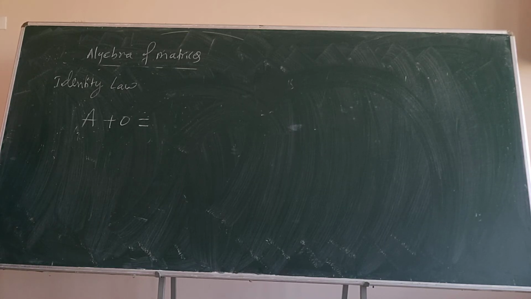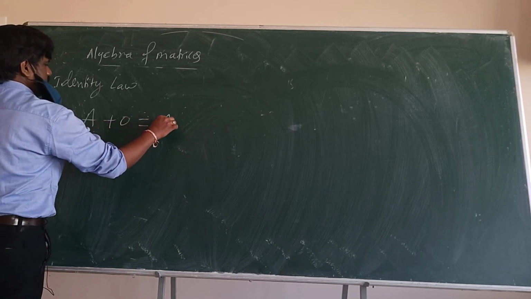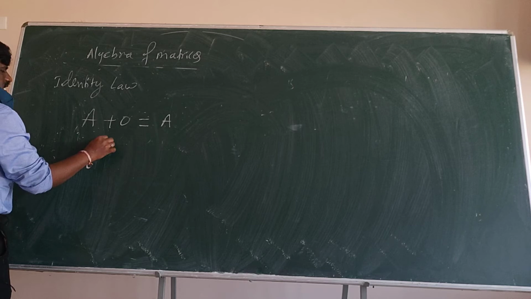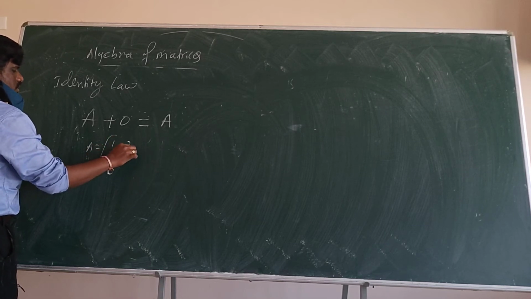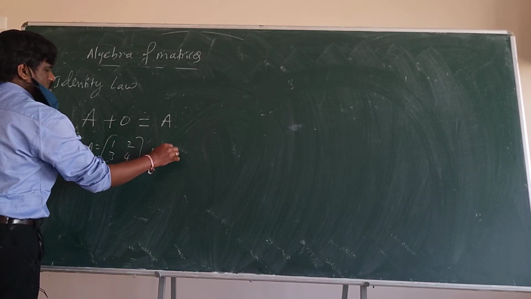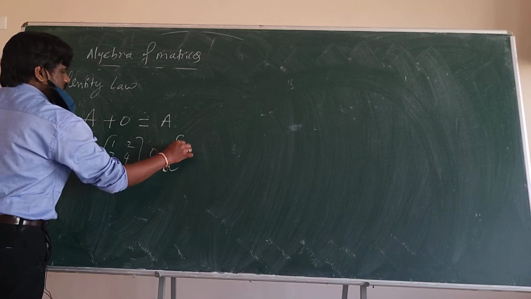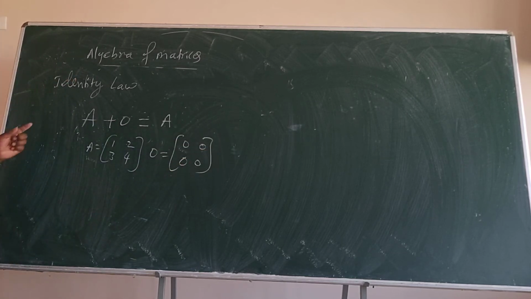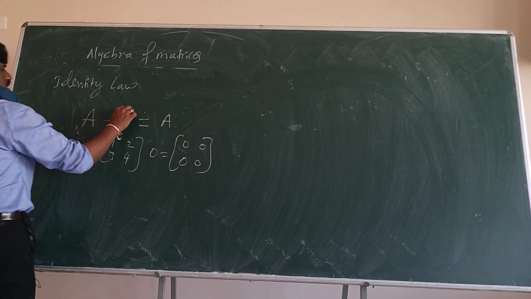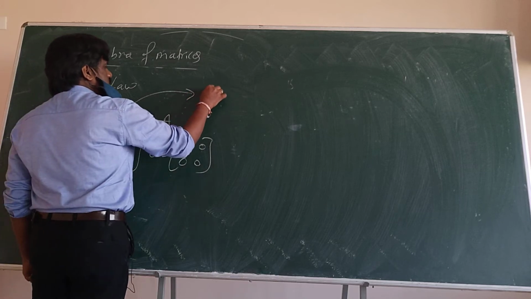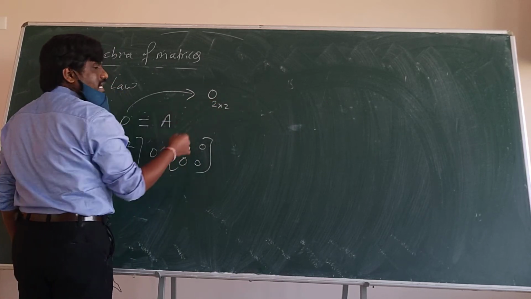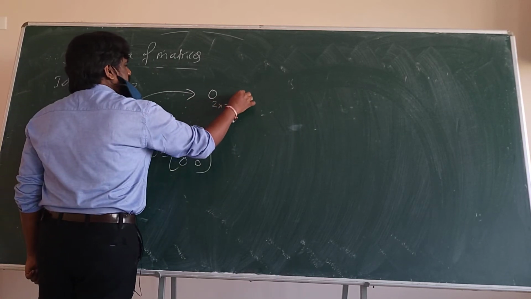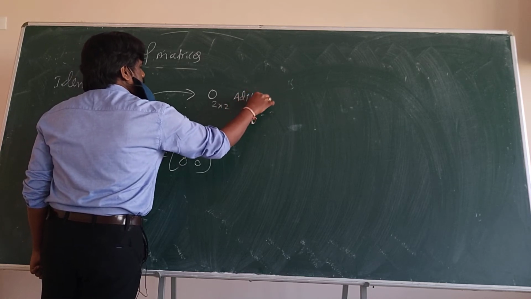A plus 0 matrix, you get A. Because if I take A as 1, 2, 3, 4, and the 0 matrix O as 0, 0, 0, 0, if I do addition, I get A again. So A plus O is equal to A, then O is called the additive identity. This O matrix, whatever its order, is called the additive identity.